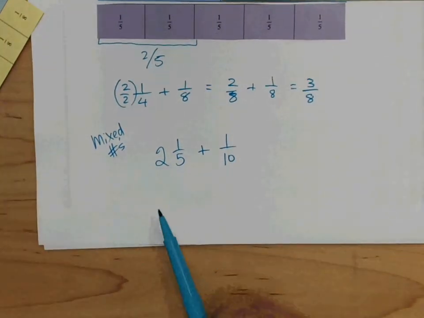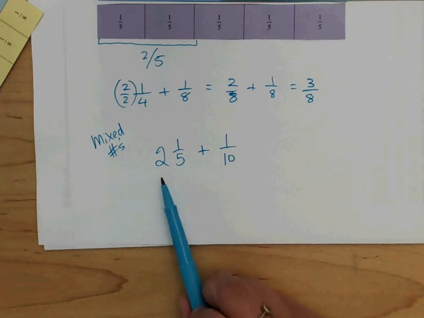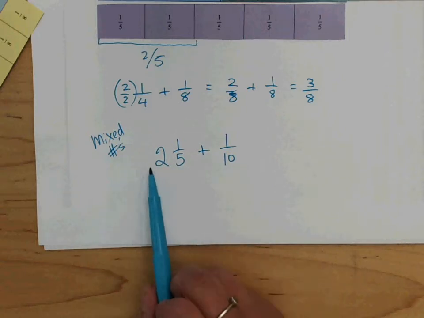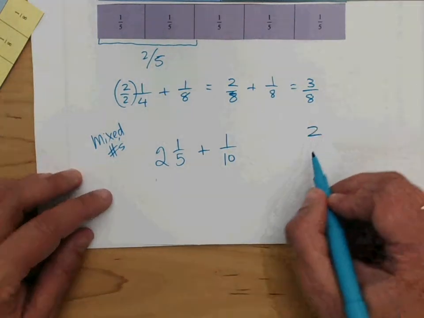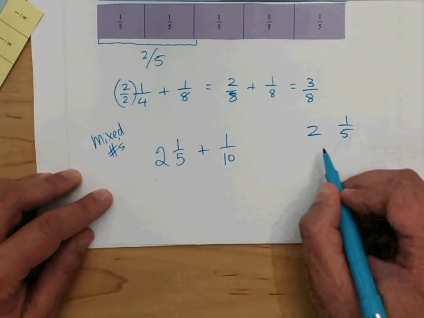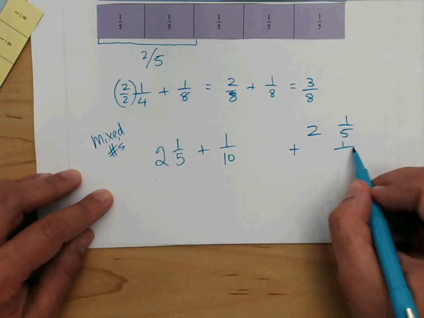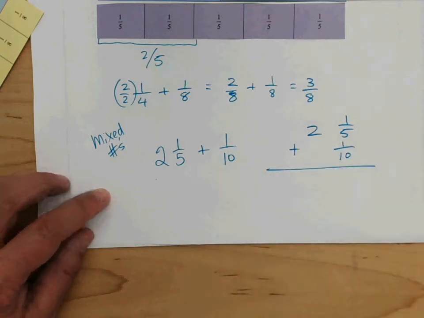Basically this means I already have two whole candy bars, but I have a fraction of a candy bar left, 1/5 of a candy bar. So I could either change this into an improper fraction and add, or I could say, okay, 2 and 1/5 plus nothing, 0 and 1/10, and just add my fractions.